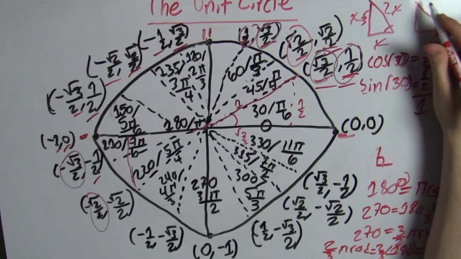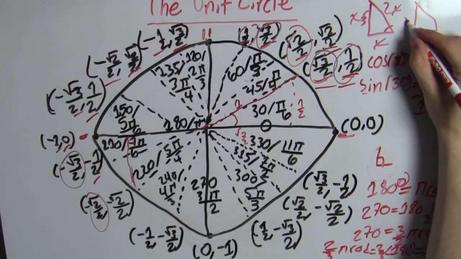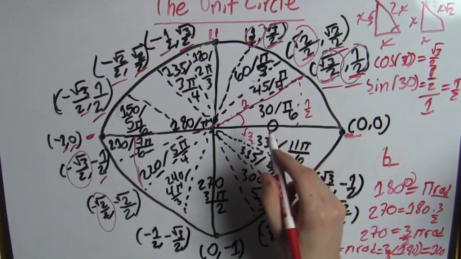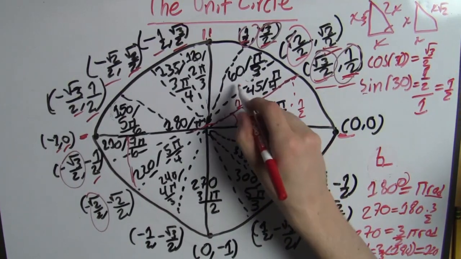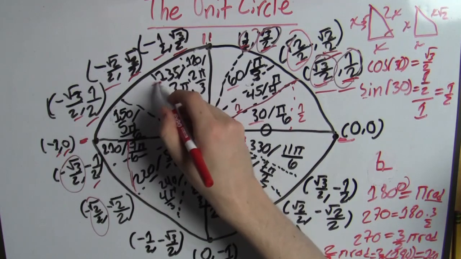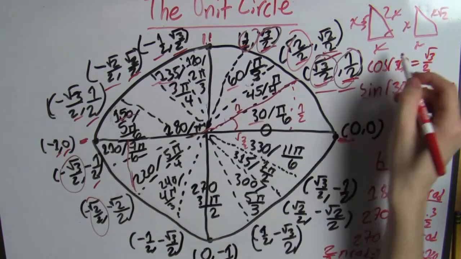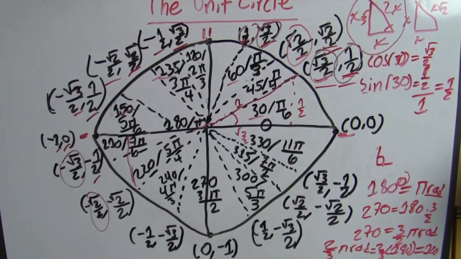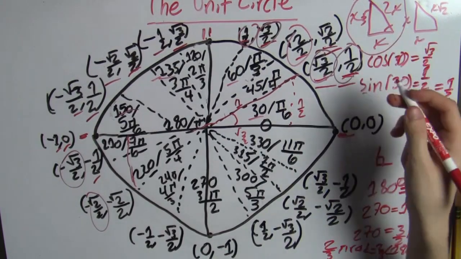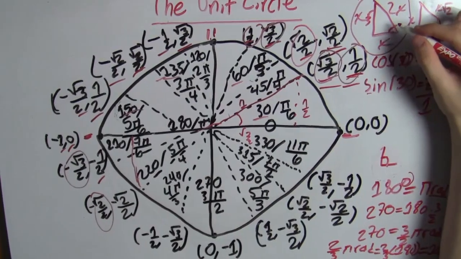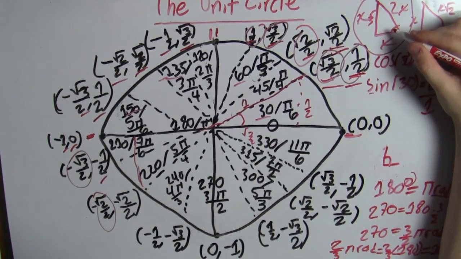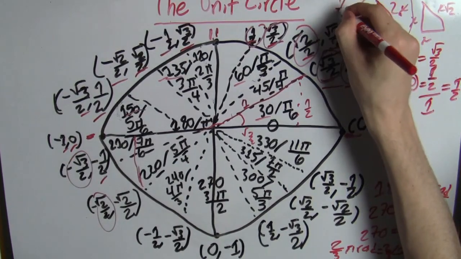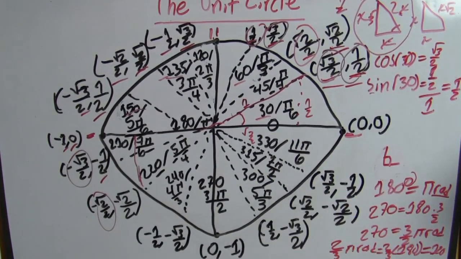And then in the 45, 45, 90 triangle, I have x, x, x root 2. So if I'm taking the sine of 30, or the sine of 60, or the sine of 135, or the sine of 150, I'm going to be dealing with the 30, 60, 90 triangle, right? So I'll find the value that works for that, and I evaluate based on that. So I want to take the sine of 30, right? Well, the sine of 30 is going to be x over 2x, so that's 1/2. That's another way you can do it.